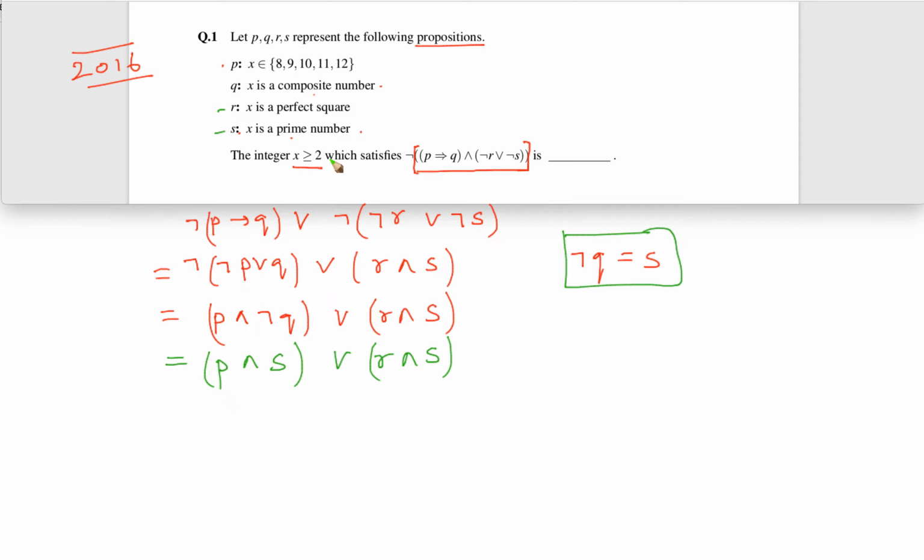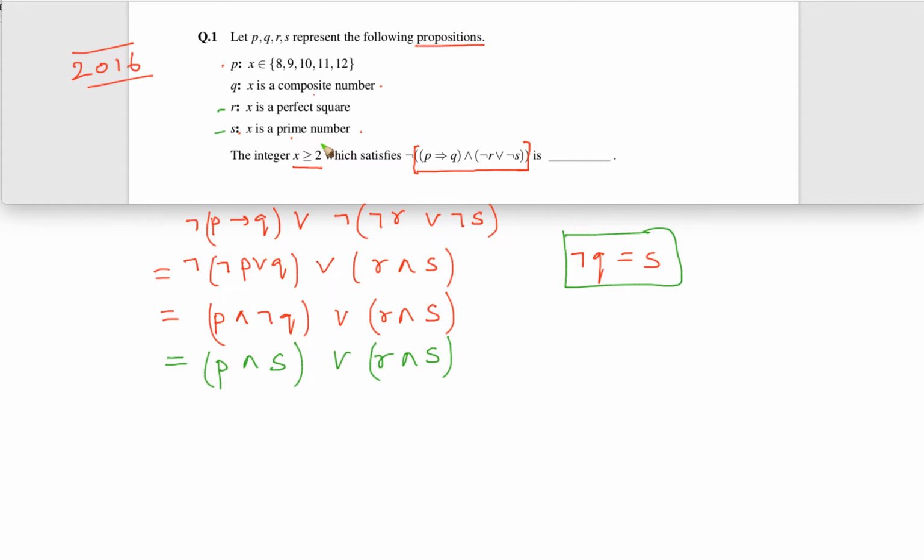If x is greater than or equal to 2 and is prime, it cannot be a perfect square, because a perfect square means 4, 9, 16, something like that, where there is definitely a factor between that number and 1, and that's why it is definitely not prime. So all perfect squares greater than or equal to 2 will be composite, so it will not be prime.